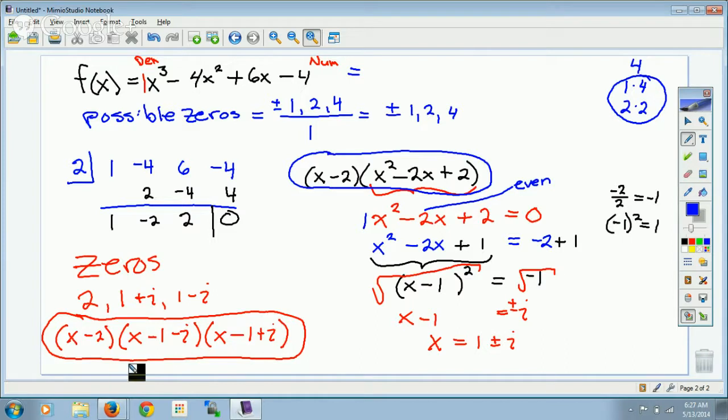Down here, what I have are called linear factors. They're linear because the highest power is an x, and x, and x. This second factor up here is not a linear factor. It's called an irreducible quadratic.